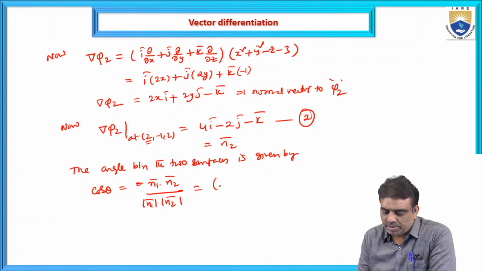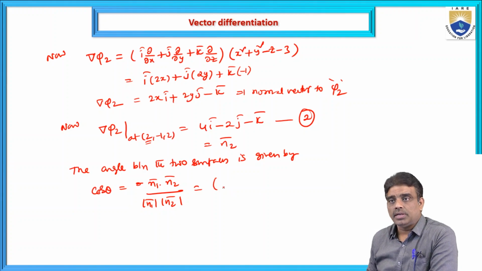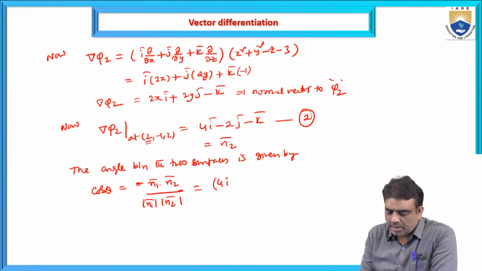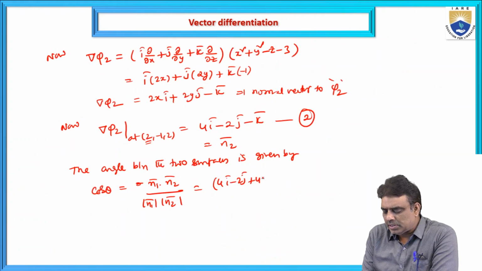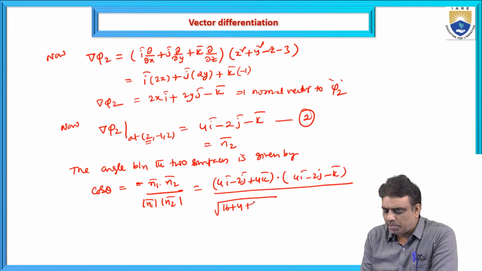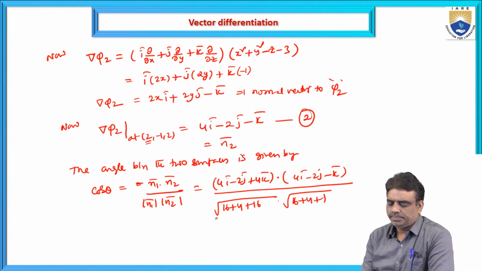So what is n1 bar? Here we have n1 bar is 4i bar minus 2j bar plus 4k bar, the dot product with 4i bar minus 2j bar minus k bar, by magnitude of n bar, 16 plus 4 plus 16, and 16 plus 4 plus 1.